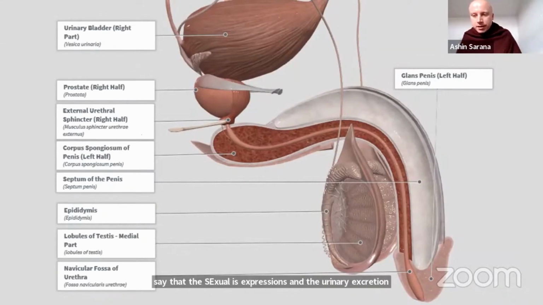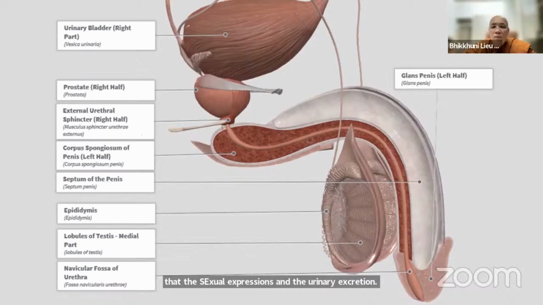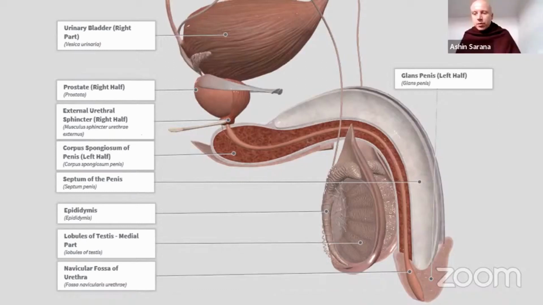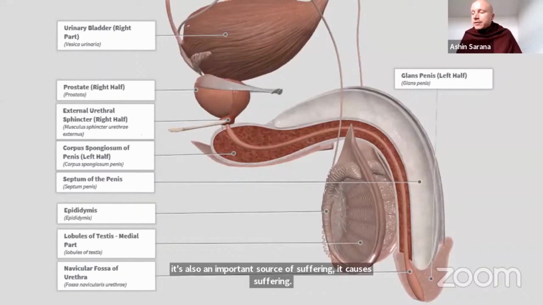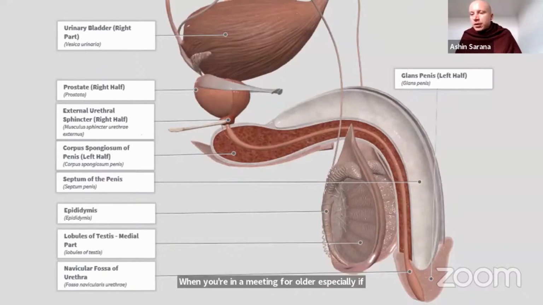But it's also an important source of suffering. It causes suffering when urinating, especially for older males, because when it stops functioning properly, even urinating is very difficult.